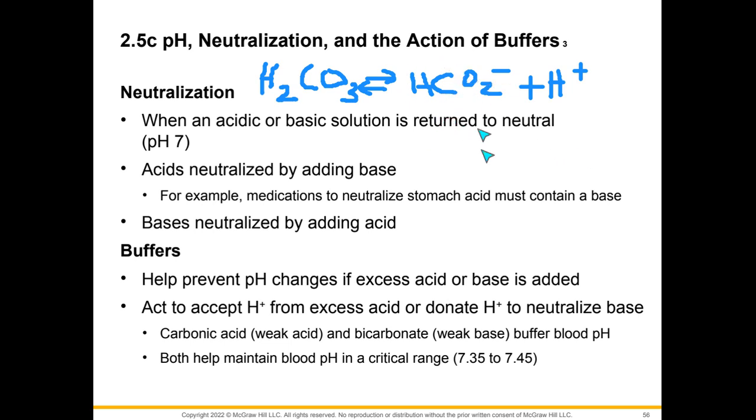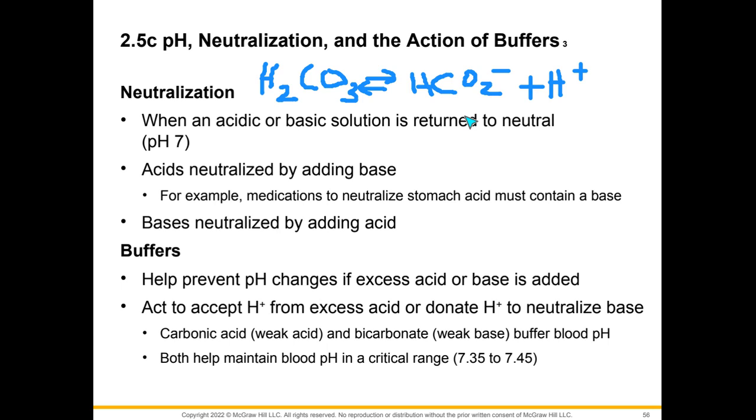Now, this one right here, bicarbonate, is a weak base, because it can interact with a hydrogen ion and push the reaction this way to become carbonic acid. So if you have a solution in the lab called buffer 7 and you add some acid to it, this bicarbonate can react with that hydrogen ion so that the buffer doesn't change.